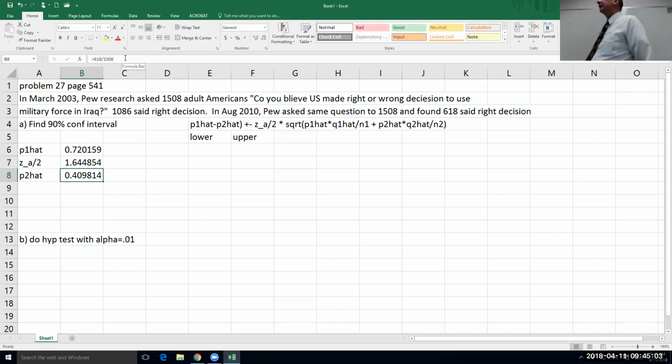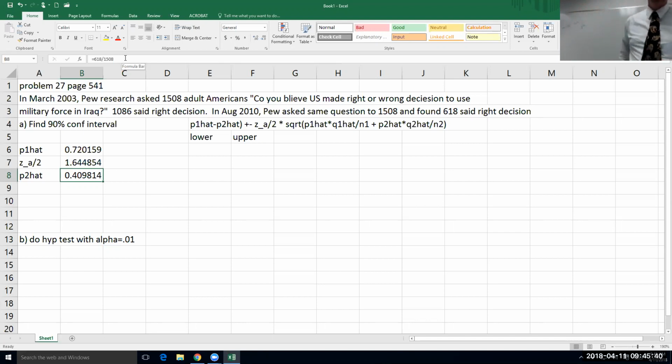Probably better with the positive, because if you want to draw your picture, that will help you out. If you want a 90% confidence interval here, you've got 5% in each tail. So that can be very helpful to you. So why would you put 0.95 in there? Because you want 95% to the left. That's where the picture comes in handy.